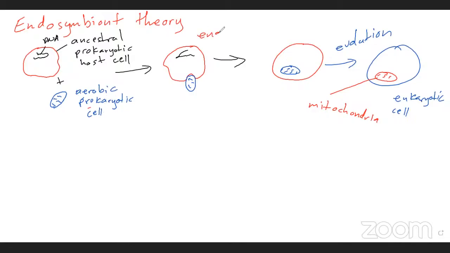It was engulfed by a larger ancestral prokaryotic cell, clearly without the ability, right? The host cell engulfed it, but did not destroy it.